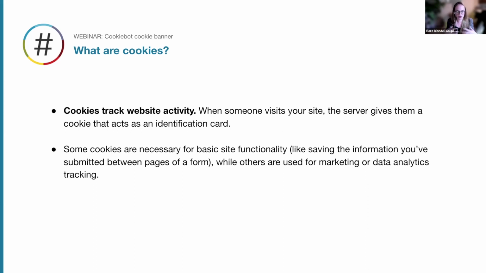Some cookies are necessary for basic site functionality, for example if you want to save the information that you're submitting on the pages of a form, and some are used for marketing or data analytics tracking.